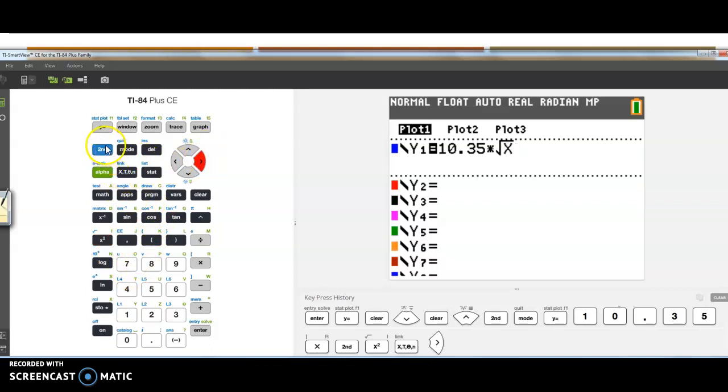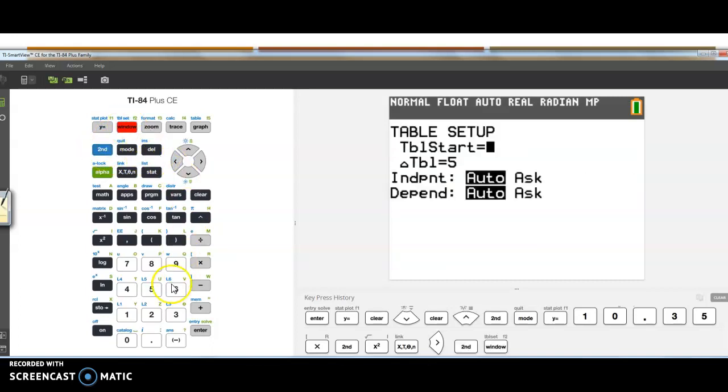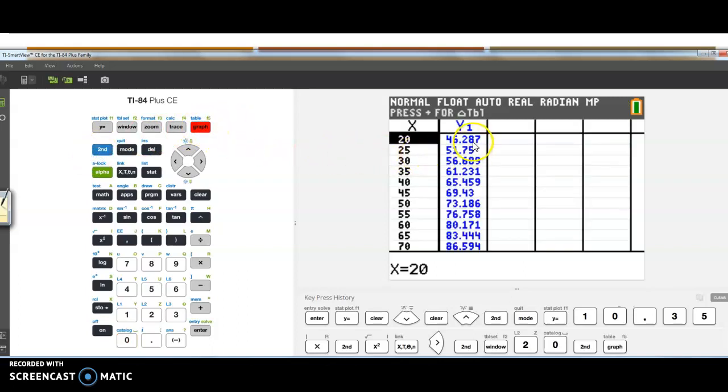And then I need a bunch of values, so I'm going to go set up my table. And I'm going to start my table at 20, because that was that initial tire pressure, and I'm going to have it change by 5s because I was asked for 25, 30, and 35. So we'll go look at our table. And we have our answers here.